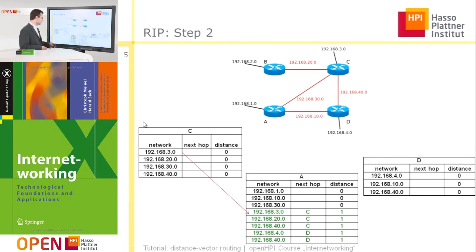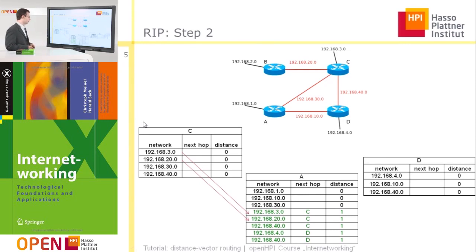So the information about this network 192.168.3.0 does not exist in the routing table, so it will add it and also increase the hop count, the distance to this network, as soon as it receives the information about this network from router C. So to reach this network, the router A should send the packet through the router C. So it will be 1 hop more than router C has in its own routing table. The A will also set C as the next hop.